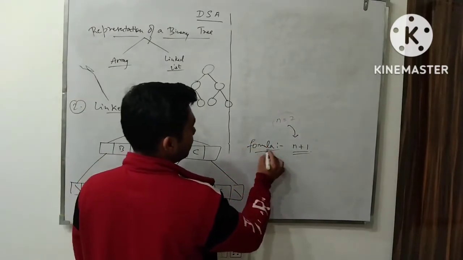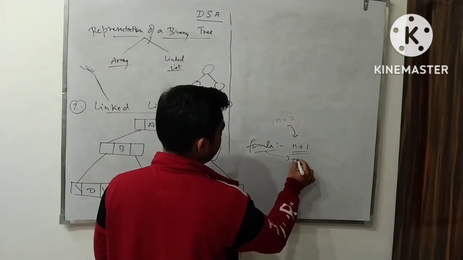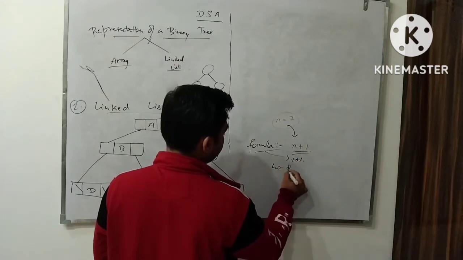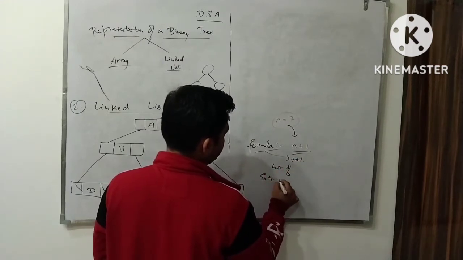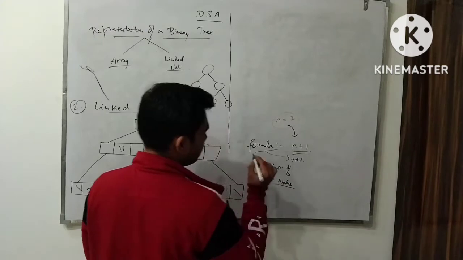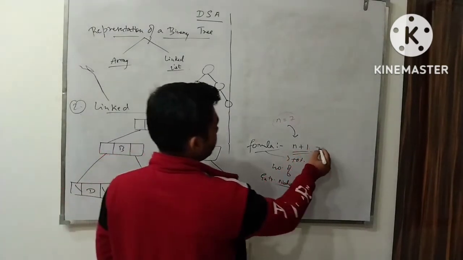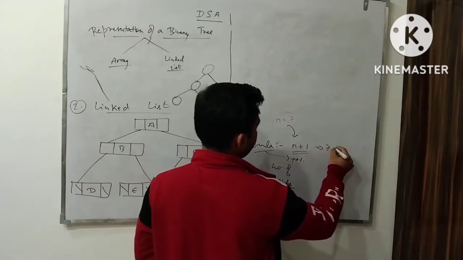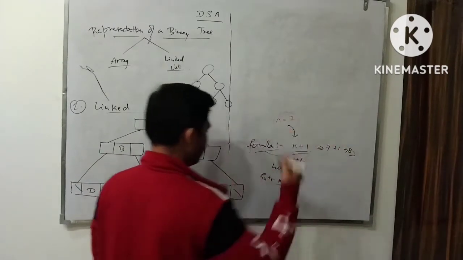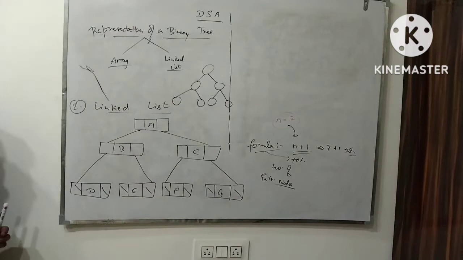So this is the formula for the total number of external nodes. When we put the value 7 here, 7 plus 1 equals 8. I am getting 8.